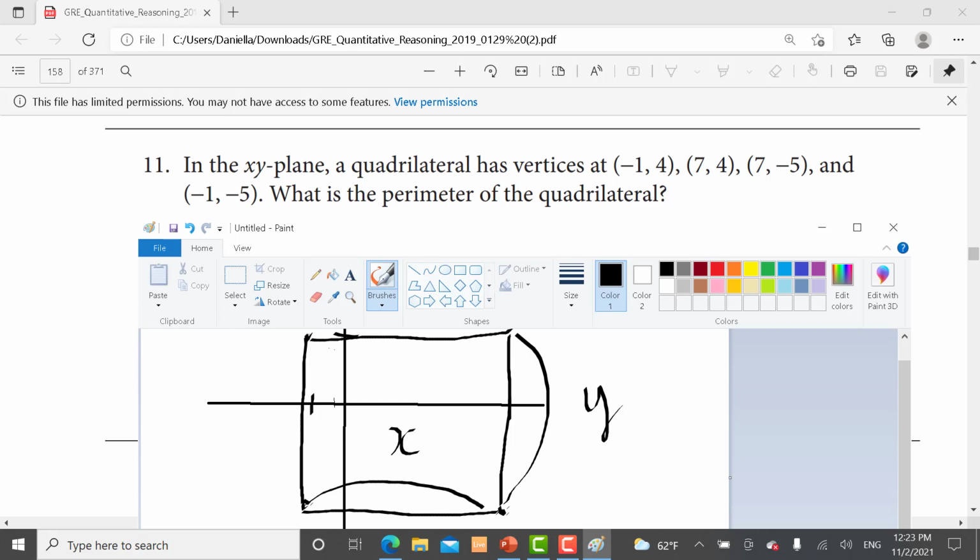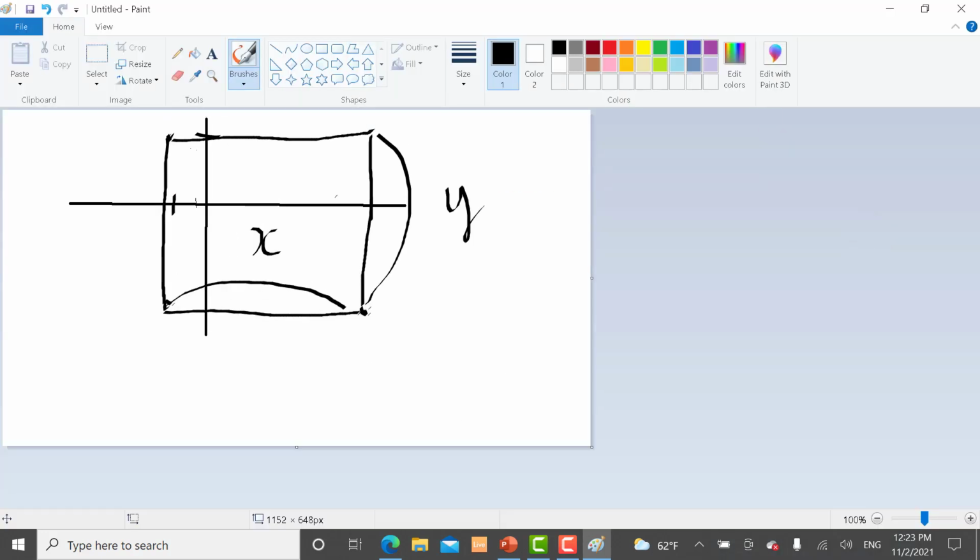X goes from -1 to 7, and y goes from -5 to 4. So x here is 8 and y is 9, because the distance between 4 and -5 on the y-axis is 9.